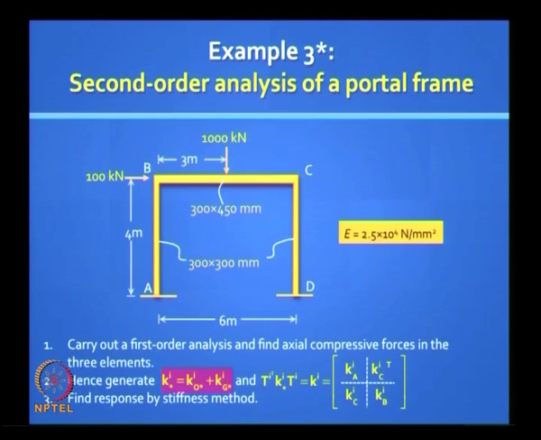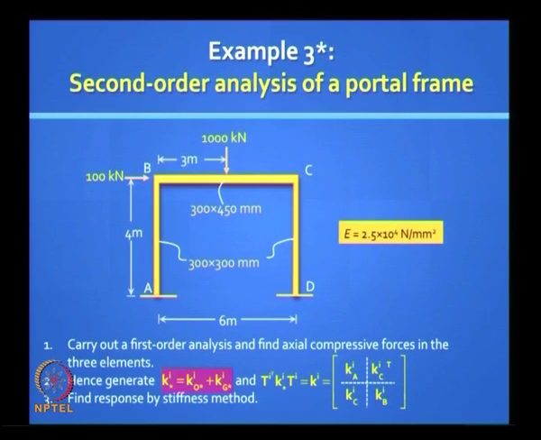We do not have time to do a second order analysis, but this is explained at length in the book. What do you need to do? Let us take a problem like this, I am not going to solve it, but at least let us figure out how to solve it. So you have got a load at the midspan 1000 kilonewton, you have also got a lateral load 100 kilonewton, the frame is the same frame which we analyzed earlier.